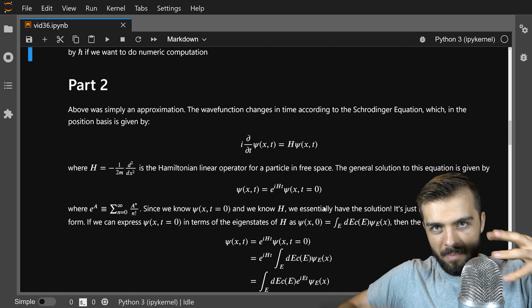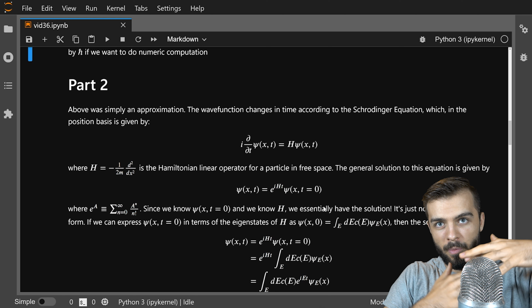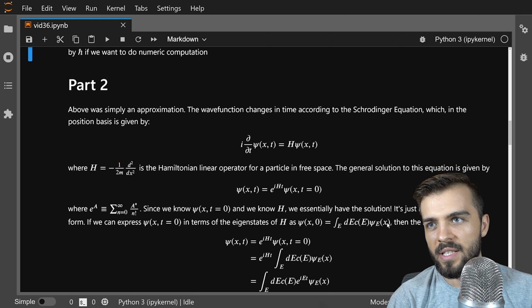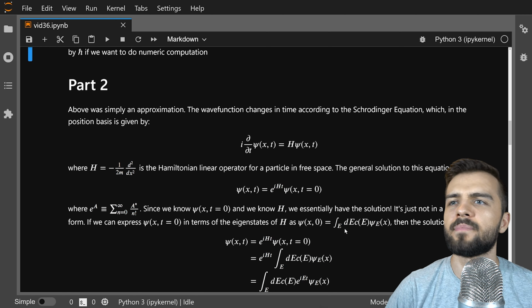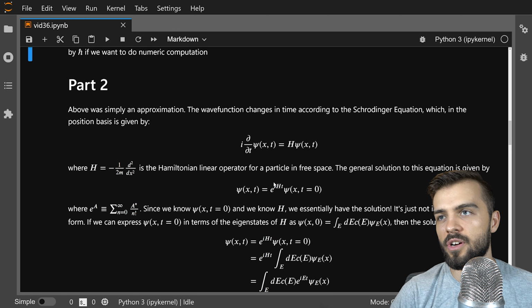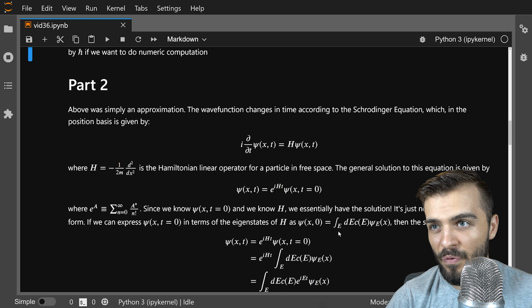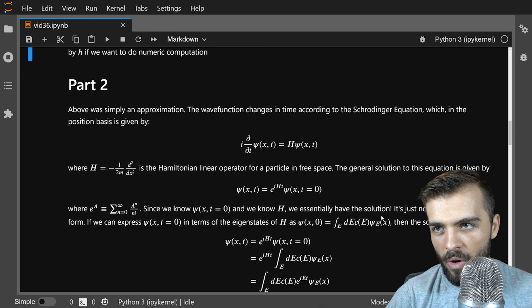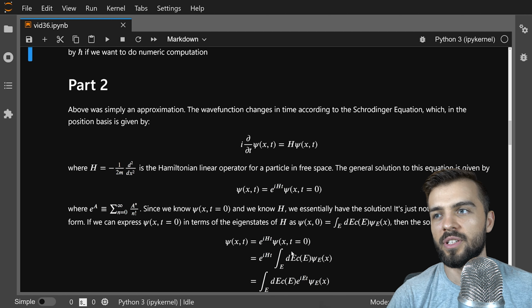The beautiful thing is the eigenstates of the Hamiltonian form a complete basis. So with all these psi e's, you could write any function f of x sort of like this, right? That's the beautiful thing. And so if I express psi of x at 0 in this form, if I know the contribution of each of the basis functions to psi of x at 0, then I can write the solution like this.